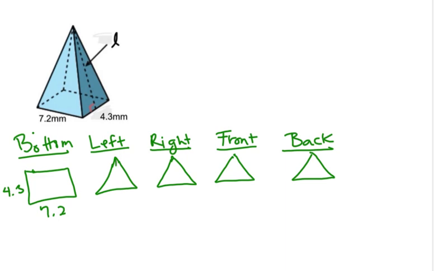And the height of the triangles you're not sure of, so that's L, cursive L. That's how you represent slant height. And the base is 4.3, and that is for all of them.